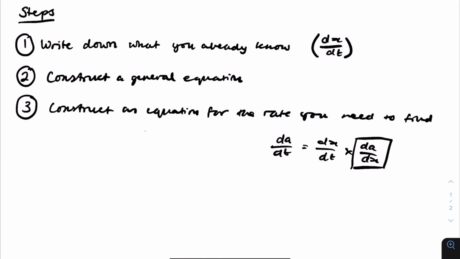So that means you'd probably have A equal to something like 4x squared. So you have to write that kind of equation. In the case that we did, we were looking at the volume relating to the radius. So that would be V equals 4 over 3 pi r cubed. The next step, I'm not going to erase that just yet.